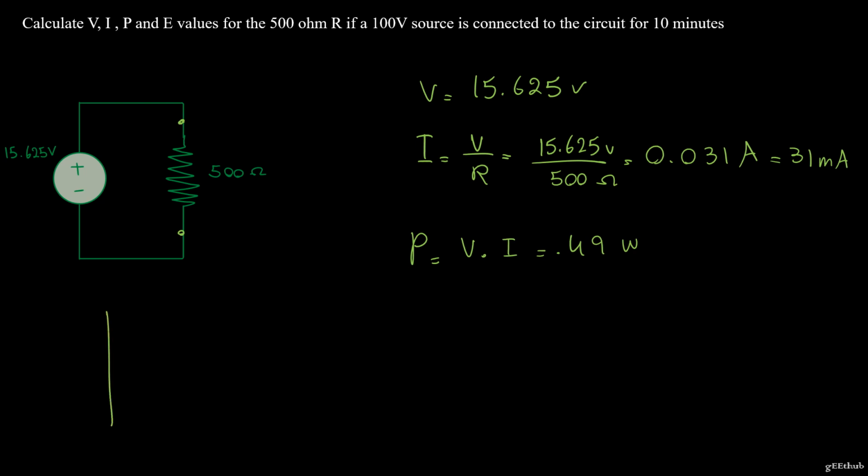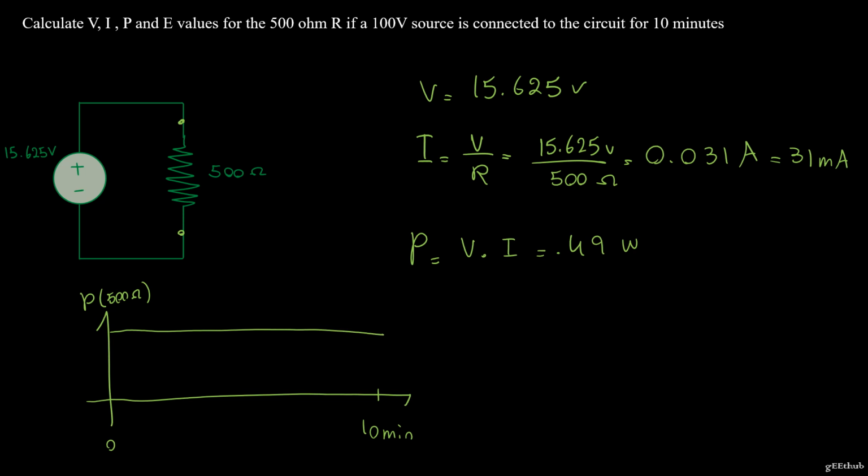So I know that for 10 minutes my power across the 500 ohm resistor has been a constant value of 0.49 watts. So for me to get the energy, all I need to do is calculate the area underneath this curve, which is the integral.